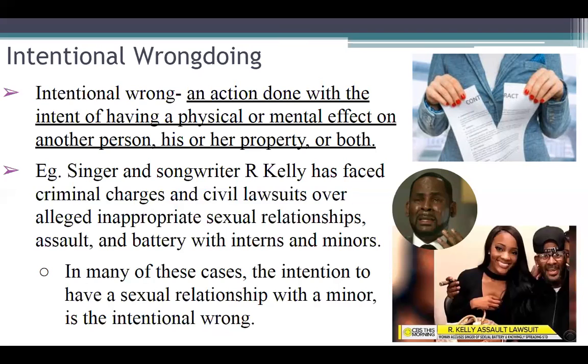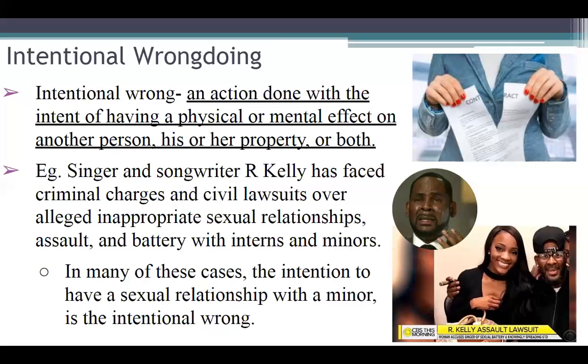And so an example that has come into public consciousness again lately is the story of singer-songwriter R. Kelly. There was a recent Netflix documentary that came out called Surviving R. Kelly, right? And so he's faced criminal charges as well as countless civil lawsuits over alleged inappropriate sexual relationships as well as assault and battery, right? And this is usually with either interns or minors. Sometimes they are both.